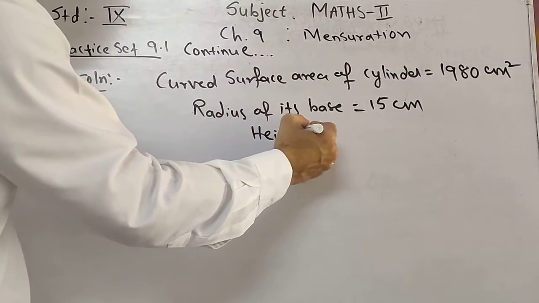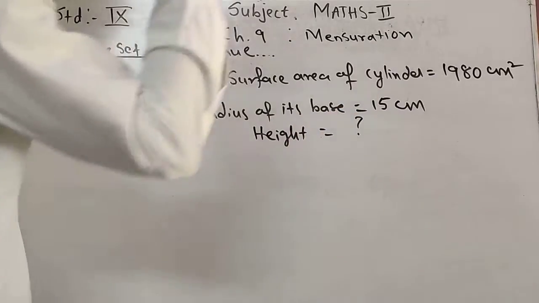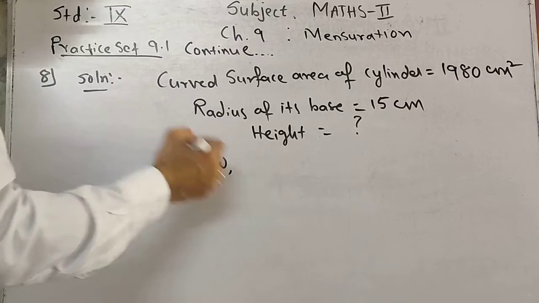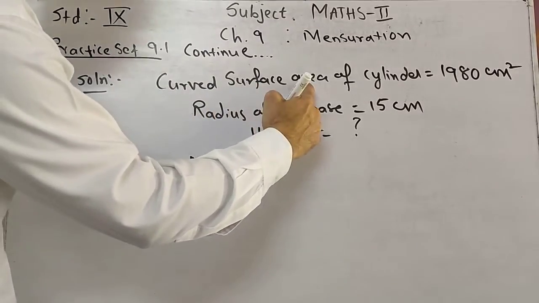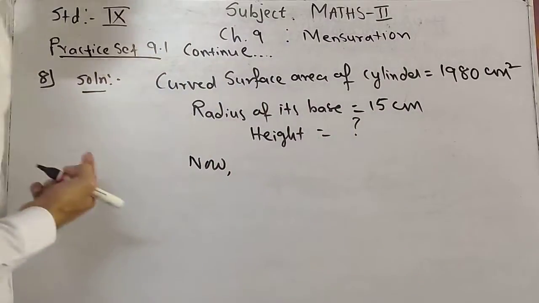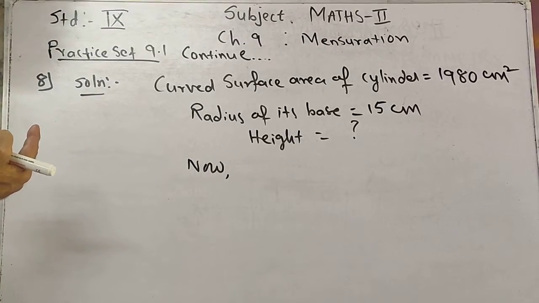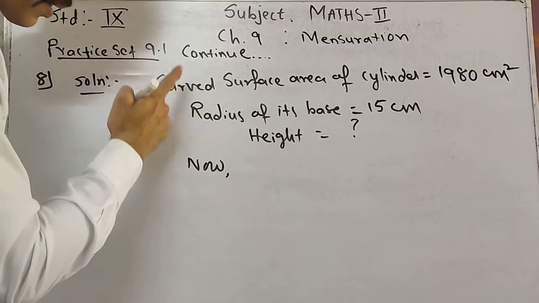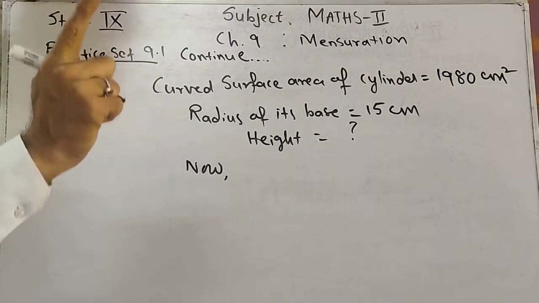Height is equal to question mark. You have to find the height of the cylinder. So now you can see here, the curved surface area is given, 1980 centimeter square. So you will use the formula of curved surface area only.